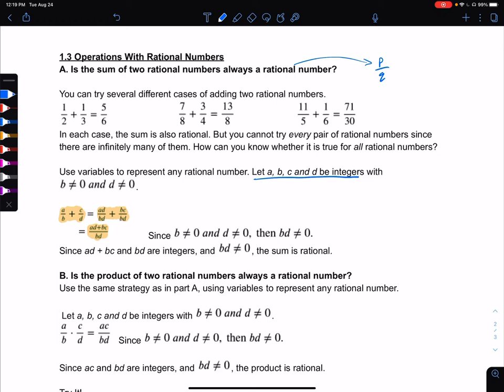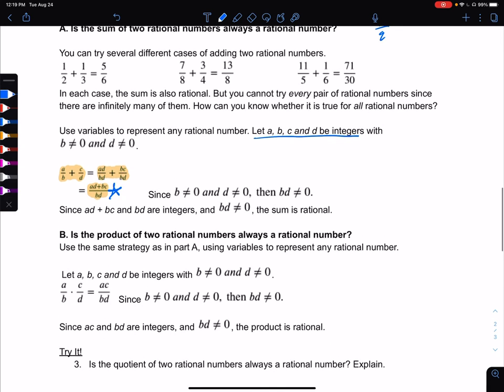Whatever numbers you plug in for a, b, c, and d, if they're integers and you combine them, you're always going to get more integers. Whatever ad, bc, and bd happen to be, they're going to be integers in the form p over q, so that tells us that it is rational. So the question, is the sum of two rational numbers always a rational number? The answer would be yes. Adding up two rational numbers will always give you another rational number.